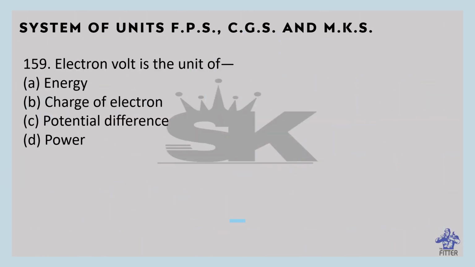Electron volt is the unit of energy. The charge of electrons is coulomb. Potential difference is volt. Power is watt.